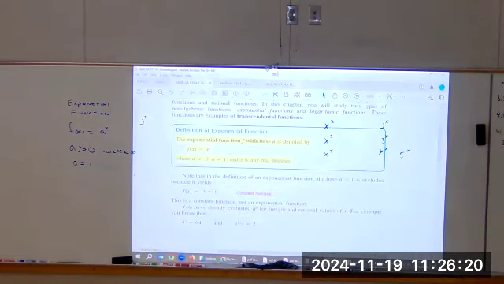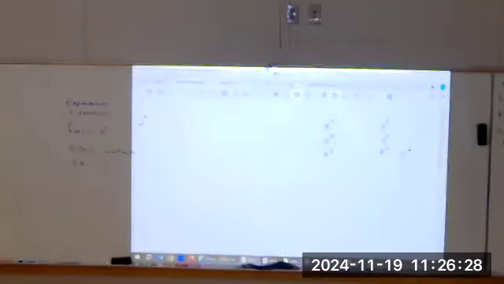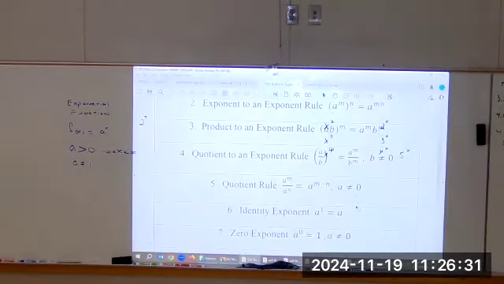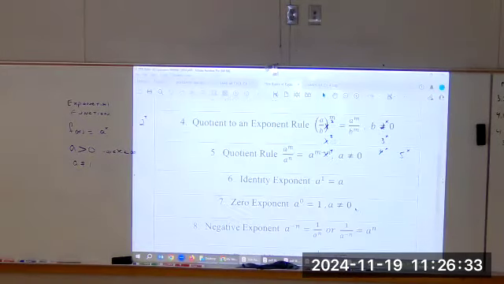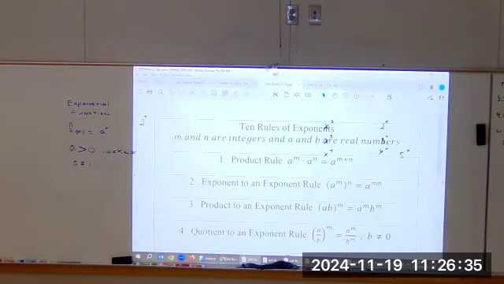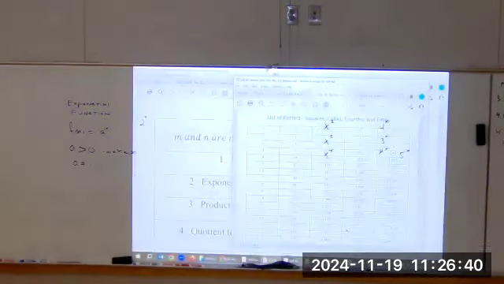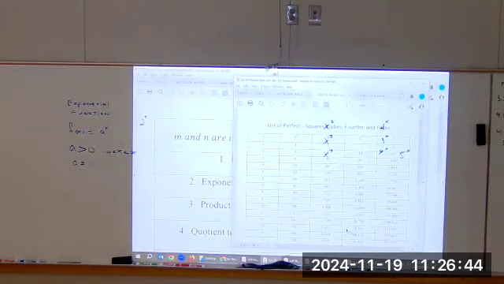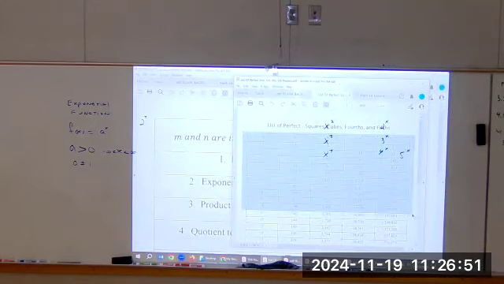You're going to need to remember, or at least look up in the announcements, your rules of exponents. All of these are back in play. You're going to want to make sure you know many of your perfect squares, cubes, fourths, and fifths. They're going to help, especially with bases about 2 through 10.